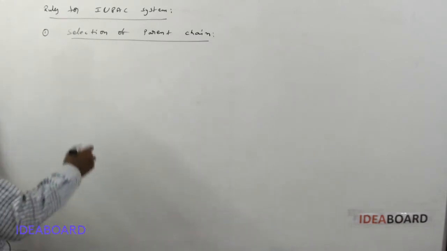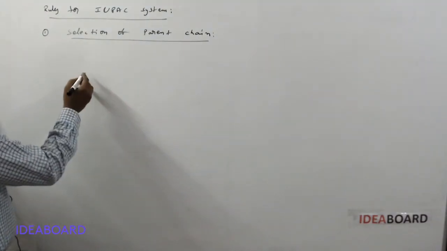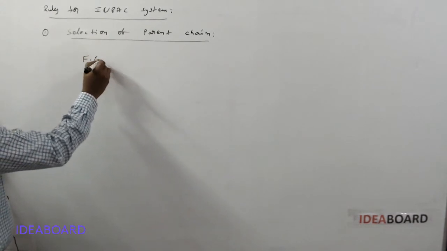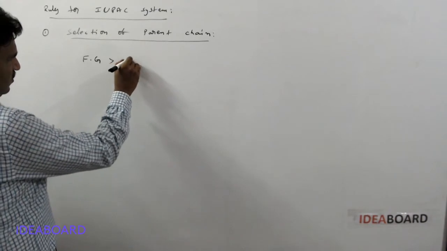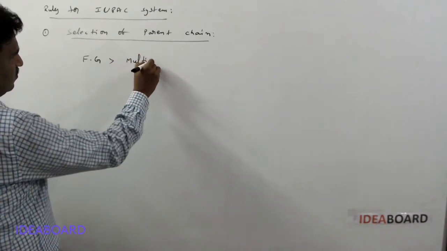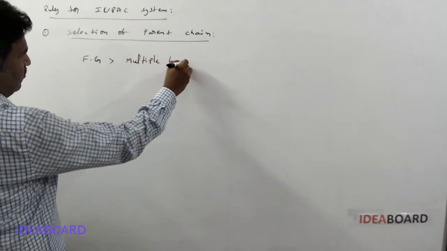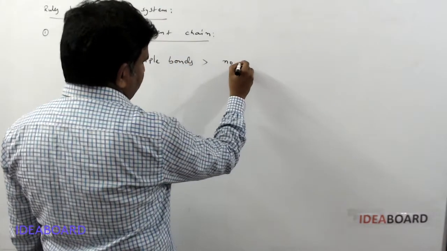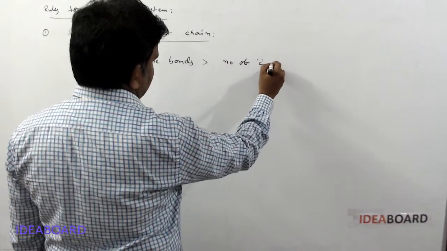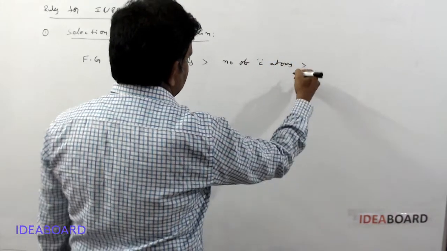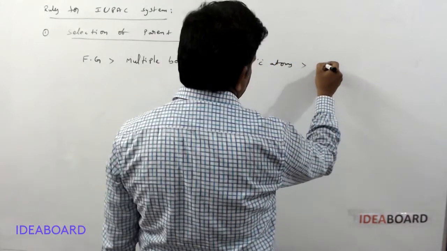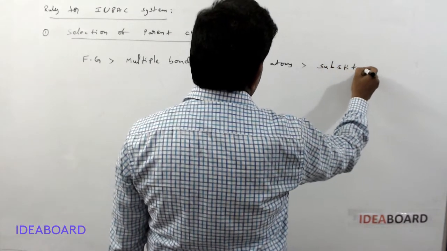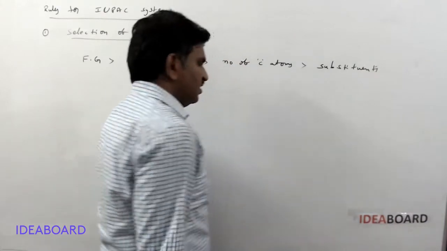Okay, for the selection of parent chain, we always follow the priority order: functional groups, next multiple bonds, the next one is number of carbon atoms, and the least priority is given to substituents.